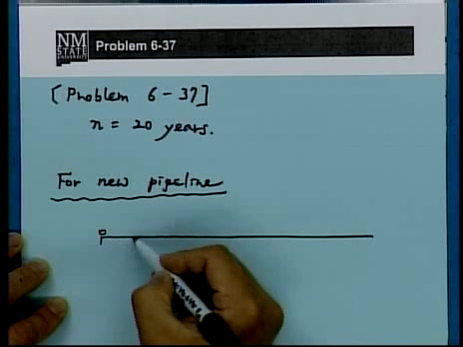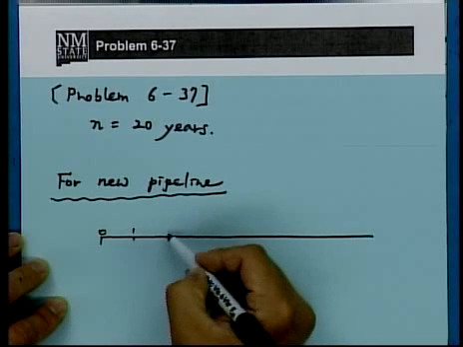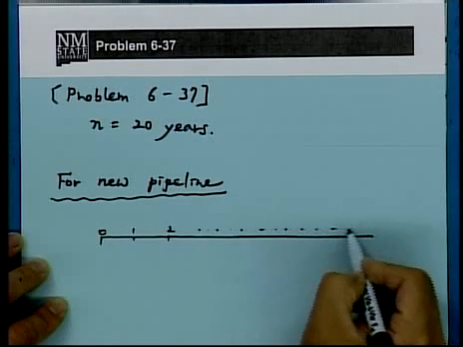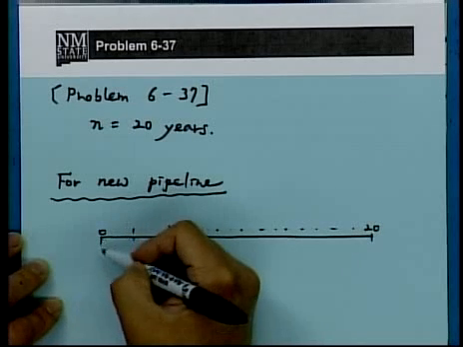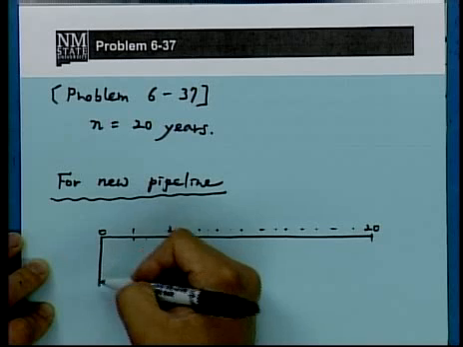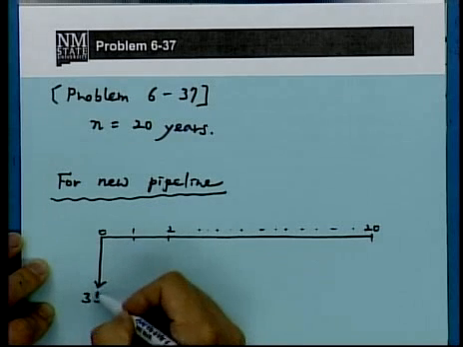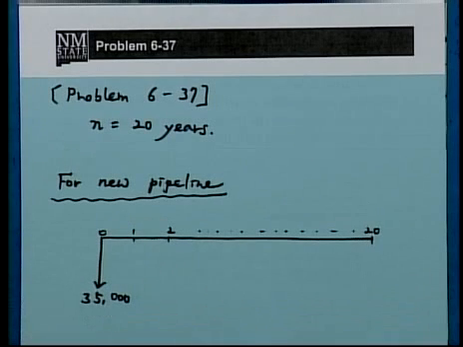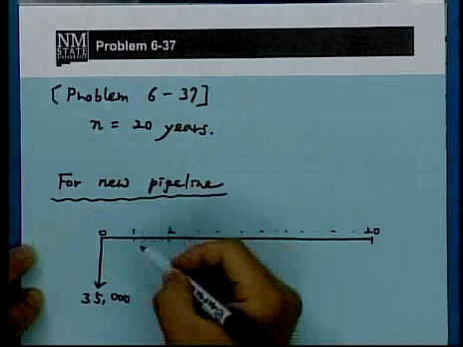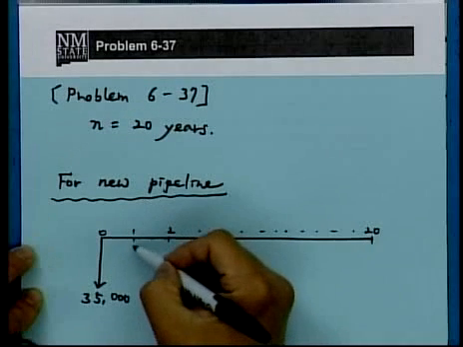So 0, 1, 2, up to 20, and an initial cost of $35,000 is required, but it would reduce the annual cost to $5,000, right?